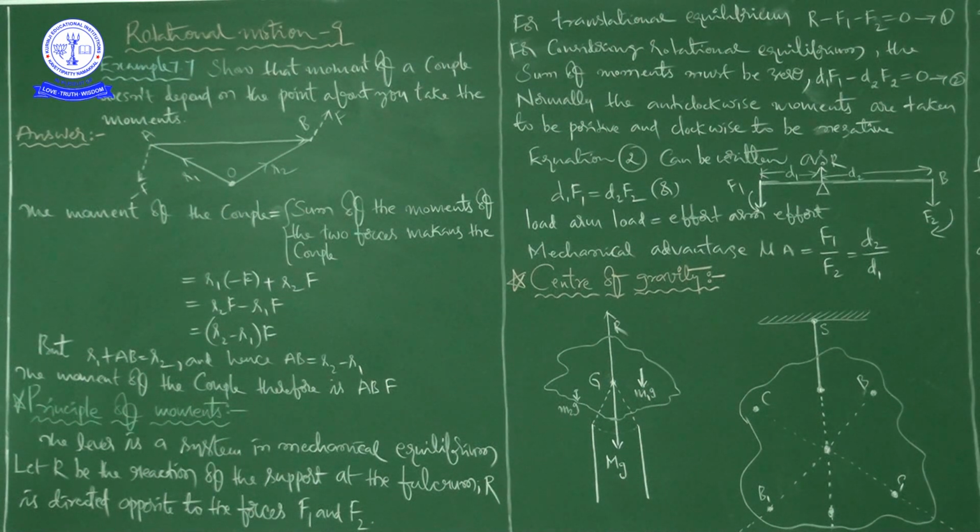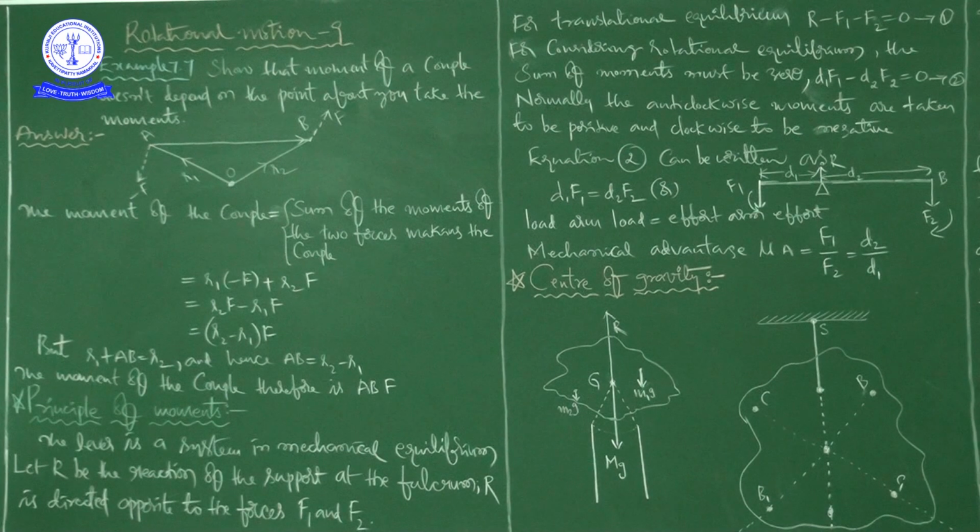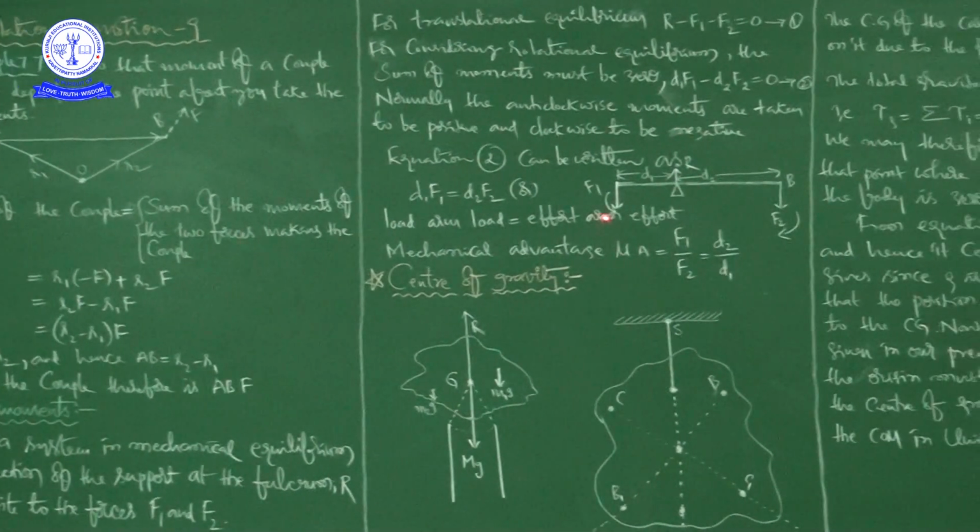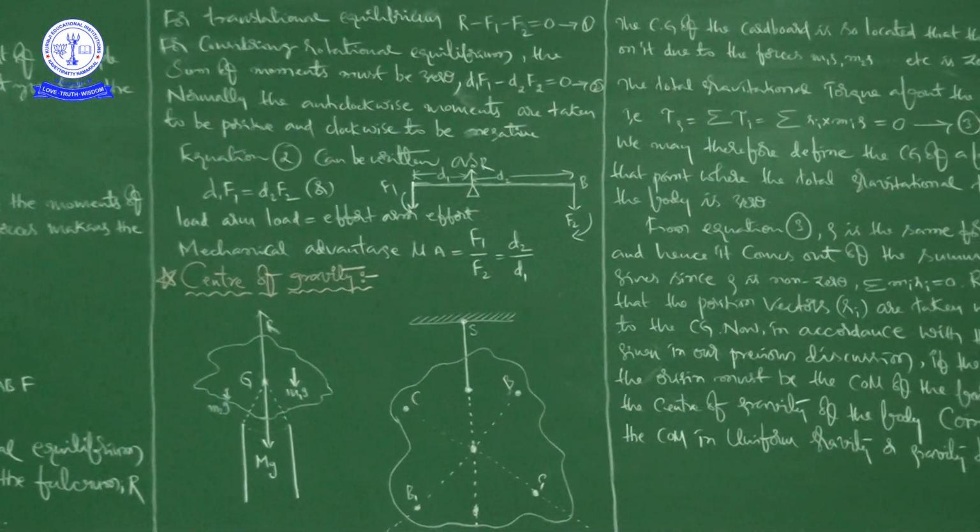Now observe carefully, the lever is a system in mechanical equilibrium. Let R be the reaction of the support at the fulcrum, and R is directed opposite to the forces F1 and F2.